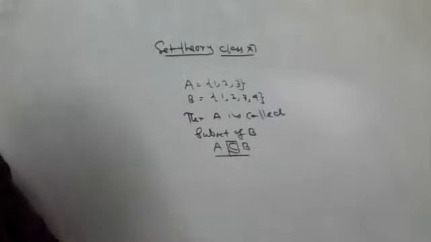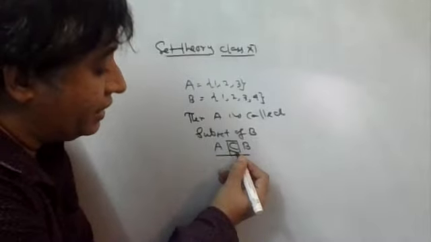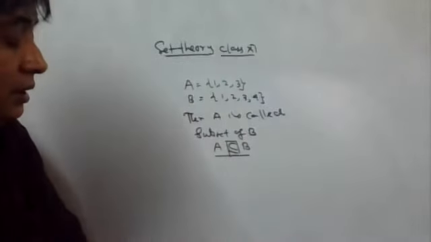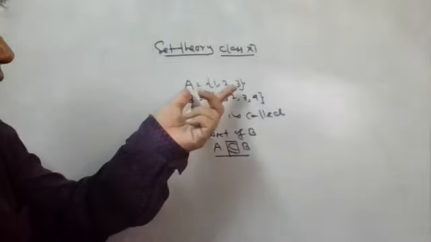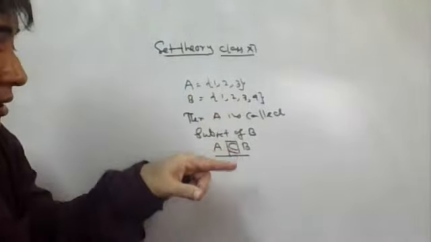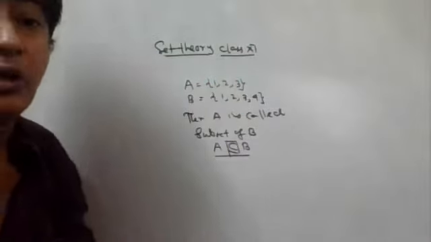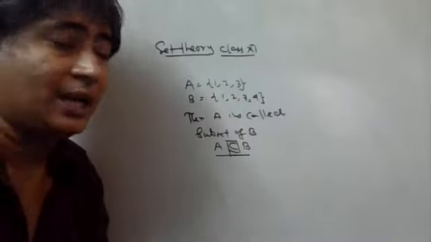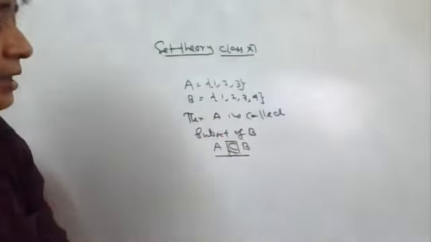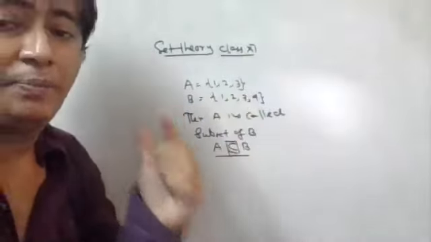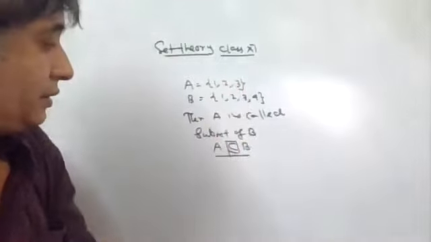But there is one question: how does this equality sign come? Is there any possibility of two sets being equal? What is called an equal set? If the elements of set A and set B are the same, then we can say they are equal sets.